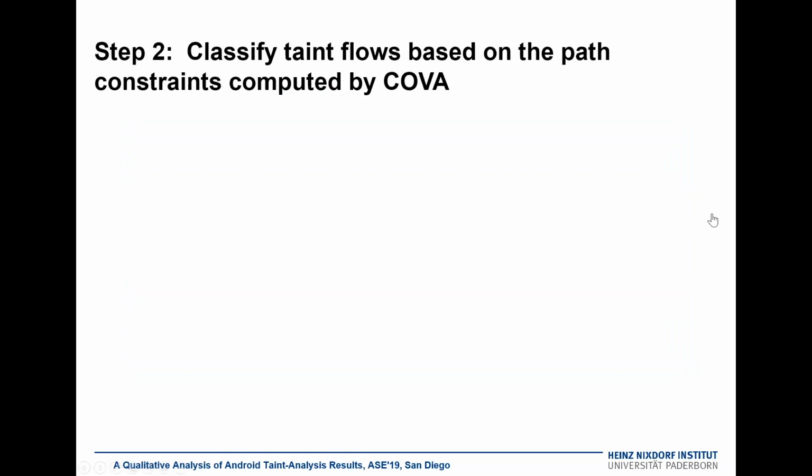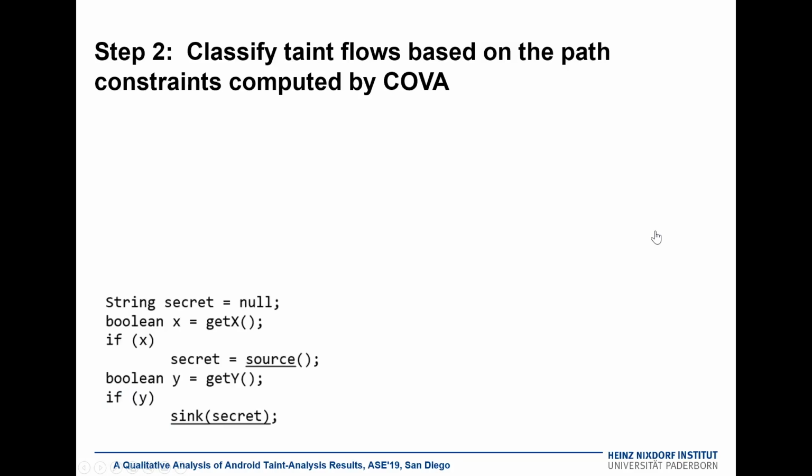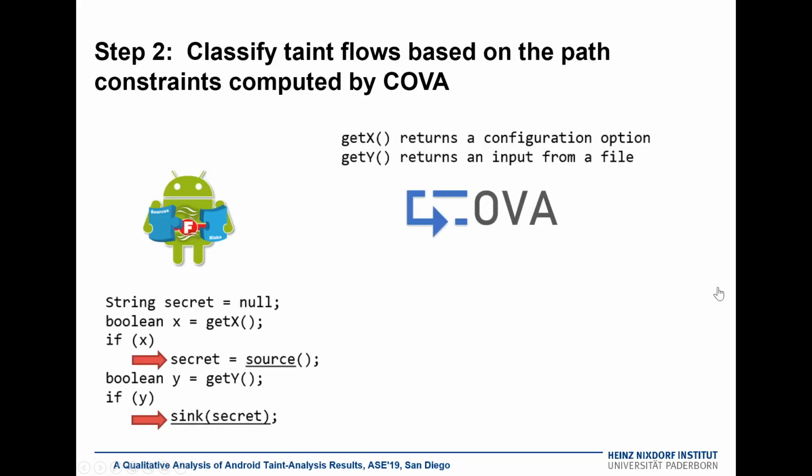Then we have step 2. After filtering the false positives, we classify the remaining taint flows based on the path constraints computed by COVA. So as an example here, FlowDroid will report that there is a taint flow between source and sink. And COVA is configured with 2 constraint APIs, getX and getY. GetX returns a configuration option, and getY returns an input from a file.